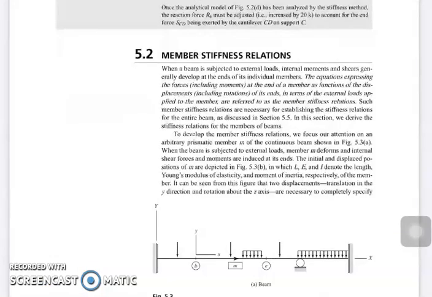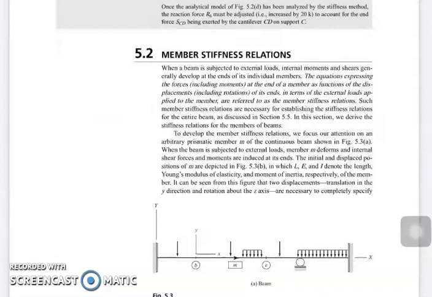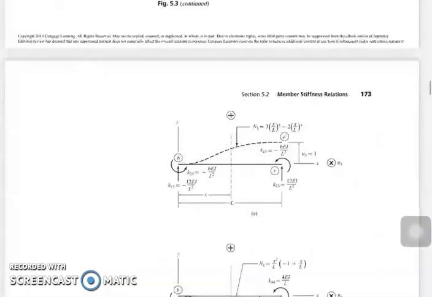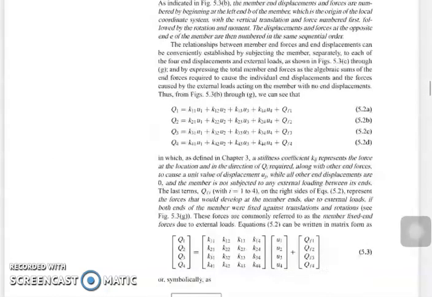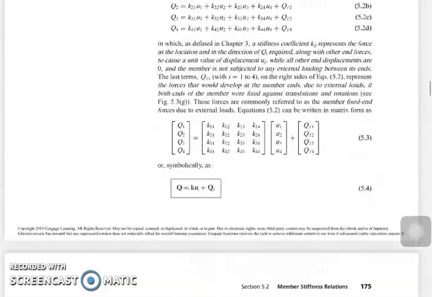Now we move on to the member stiffness relation. For this, we're going to establish the relationship between our member end forces, member stiffness coefficients, and member end displacements in the local coordinate system.